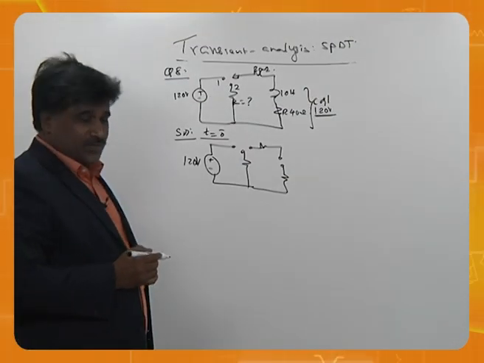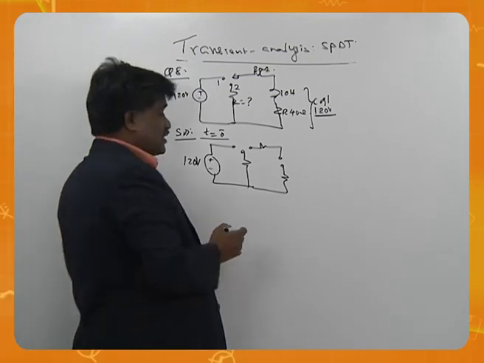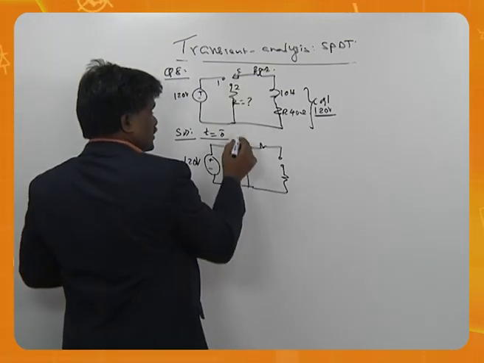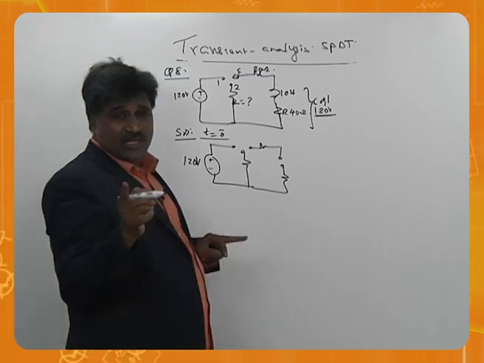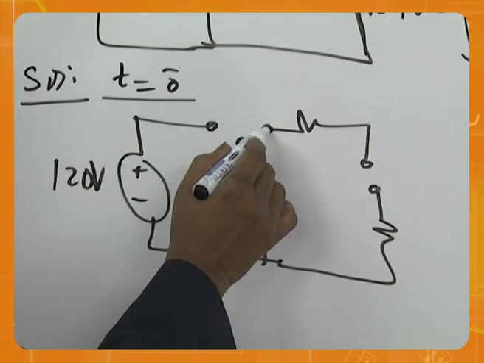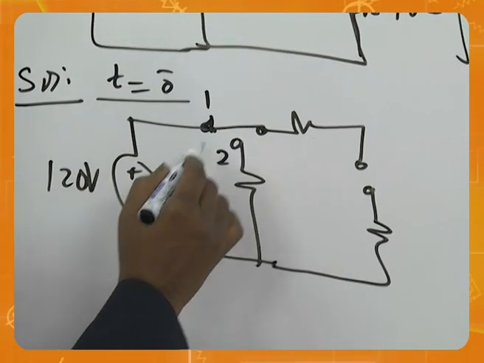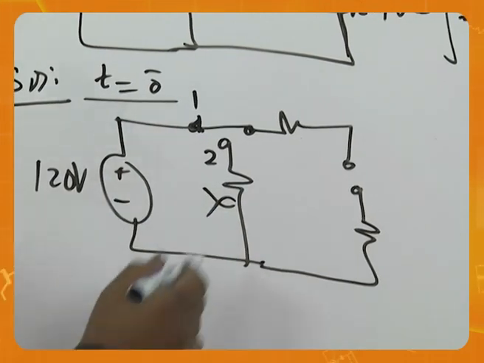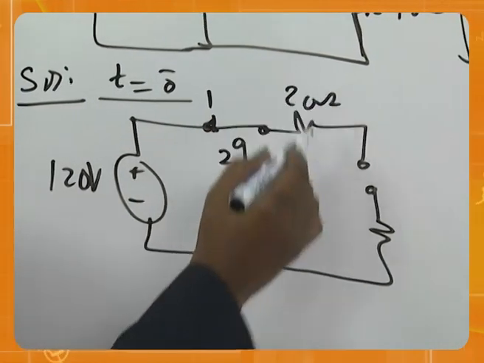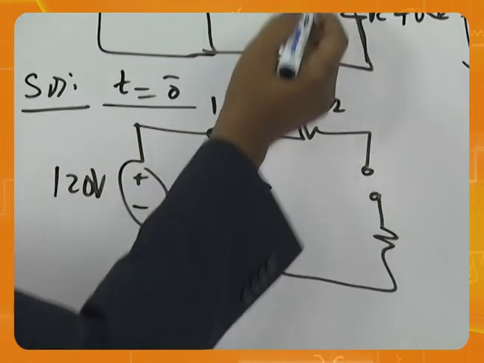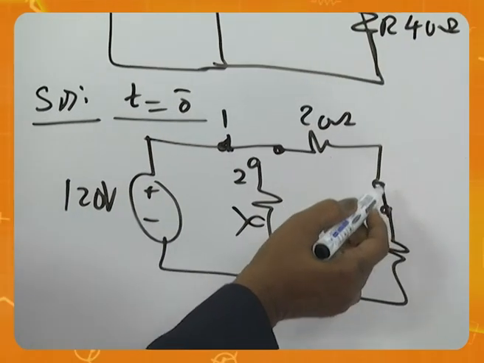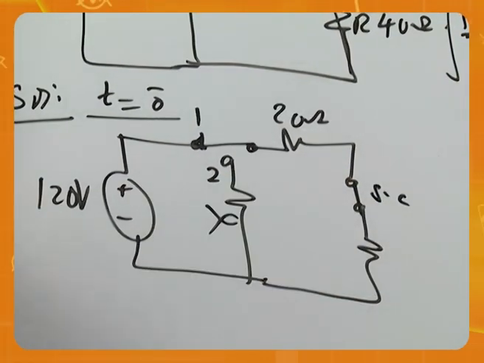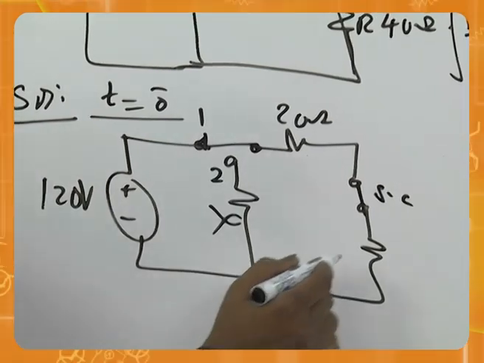Where is the switch? This is the switch. Switch is initially at position 1. That means it is here. This is disconnected. This is 20 ohms. Inductor has taken full current. That means it will act as a short circuit.